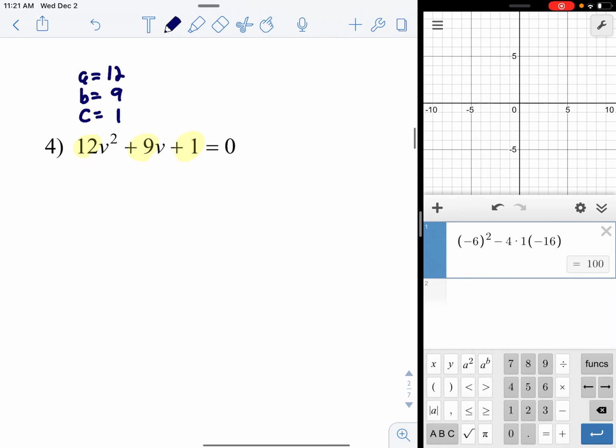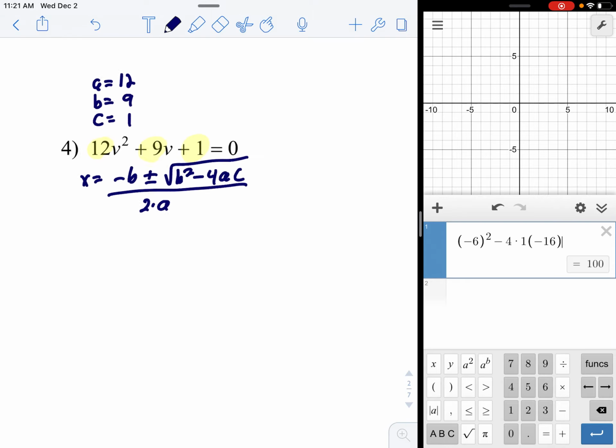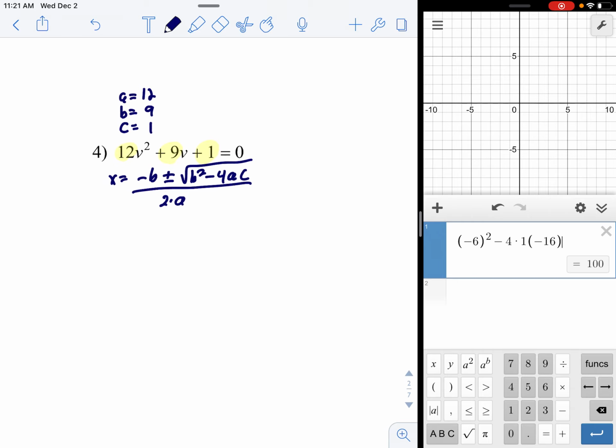Now the formula. I'm going to rewrite it so I don't have to keep scrolling up and down. The formula is negative b plus or minus the square root of b squared minus 4ac, all over 2a. Negative b, so that's going to be negative 9, plus or minus the square root of b squared, that's going to be 9 squared.